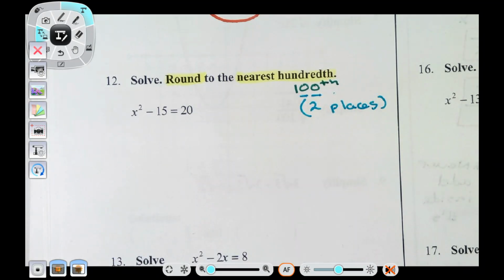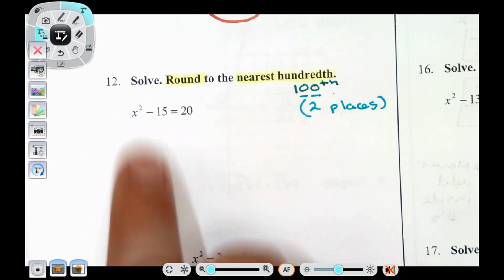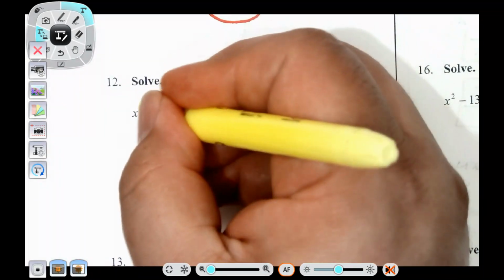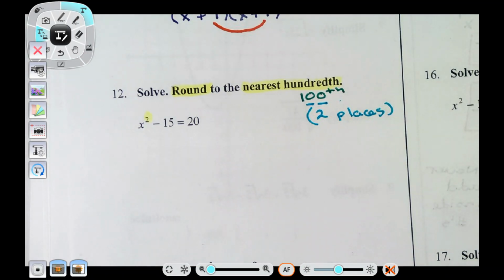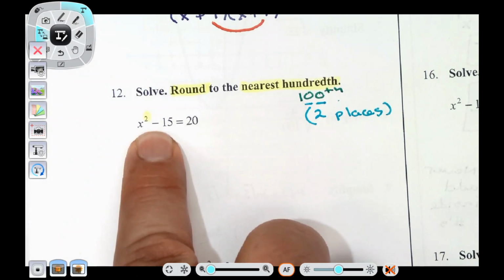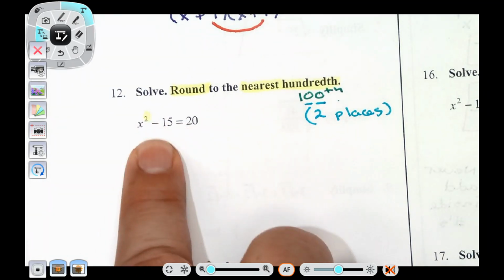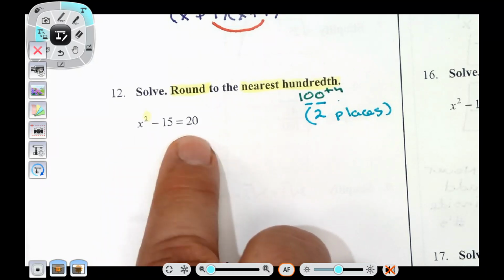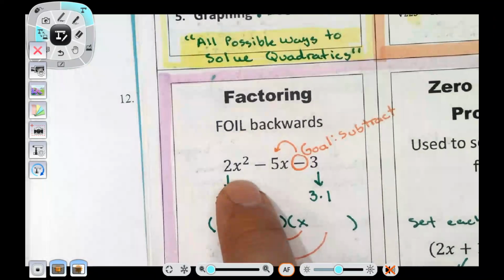All right, so here we go. Now, looking at this one carefully, is it a quadratic? Absolutely. It's got a power of 2. That means I have to have 2 answers. That's the idea here. Power of 2, I can get 2 answers, maybe 1, maybe none. It could be no solution, but definitely 2 answers for now. Now, I only have one x that I actually see. So when I have one x, see, when you look here, it says factoring.